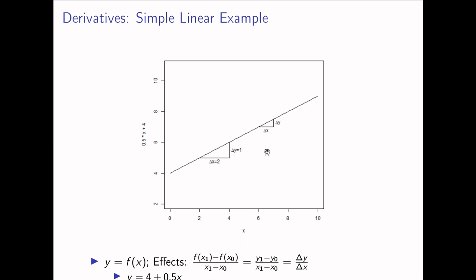Okay, let's try another example. Let's say we increase x from 6 to 7. Okay, 1 unit difference, and we plug the numbers into the equation and calculate the two y's. It turns out that the difference in y is equal to 0.5. So the ratio here is again 0.5.